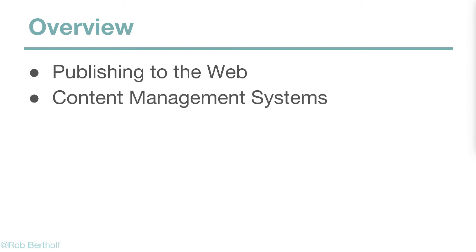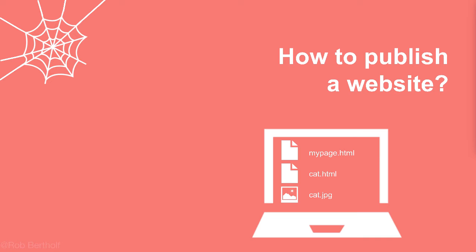So, publishing a website. In this portion, we're going to answer a few questions on how to publish to the web, as well as talk about different content management systems, or modern ways to manage websites. How to publish a website? Well, typically, you'll start on your computer. You'll create an HTML document.